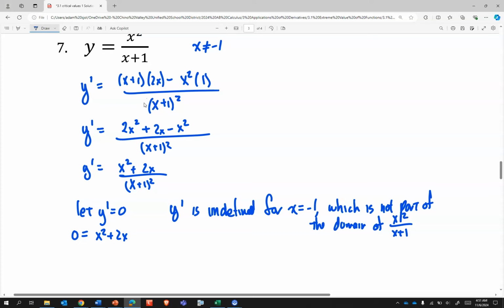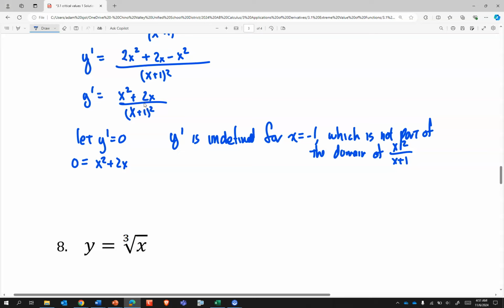So we're not counting that as a critical value. Okay, anyways, back to algebra. x times (x plus 2), x equals 0, x plus 2 equals 0, x equals -2.